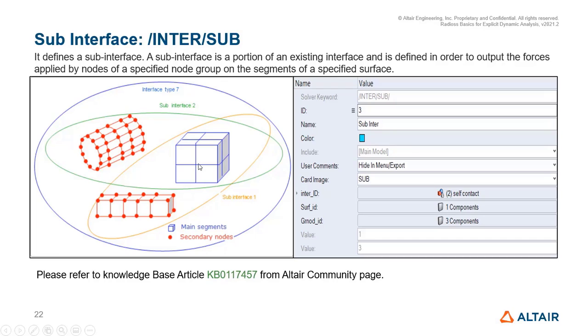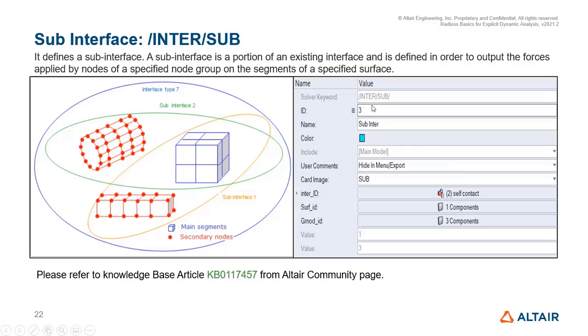Then you can define two separate inter sub options. So one will have this pair and other will have this pair, and you can see here, this is how the inter sub card will look like in HyperWorks.